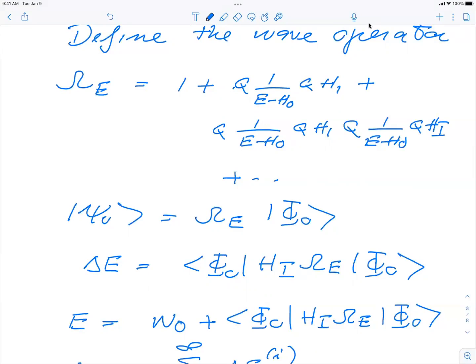So the machinery which you see here: if I take H_I and multiply it with the wave operator, which we have in Rayleigh-Schrödinger perturbation theory, this defines an H effective. And clearly, where you truncate defines your approximation.